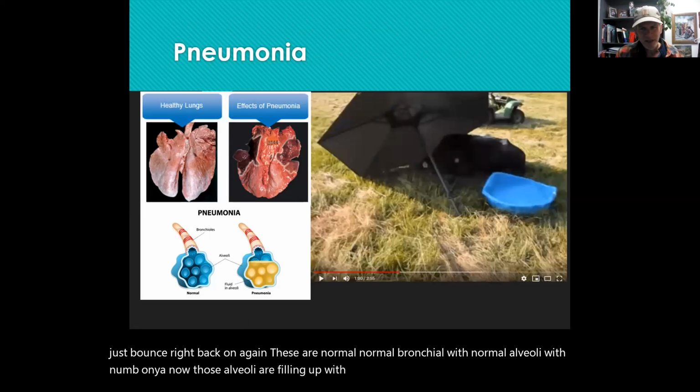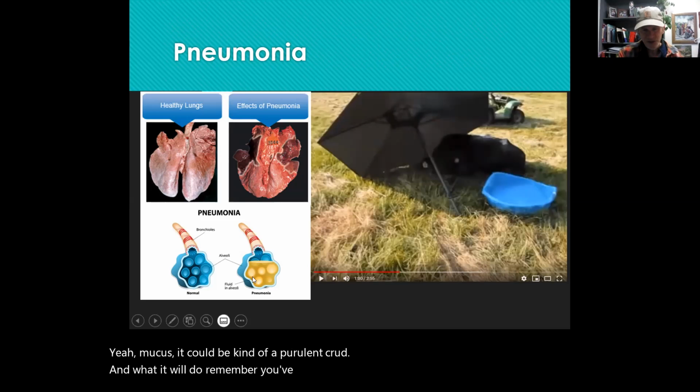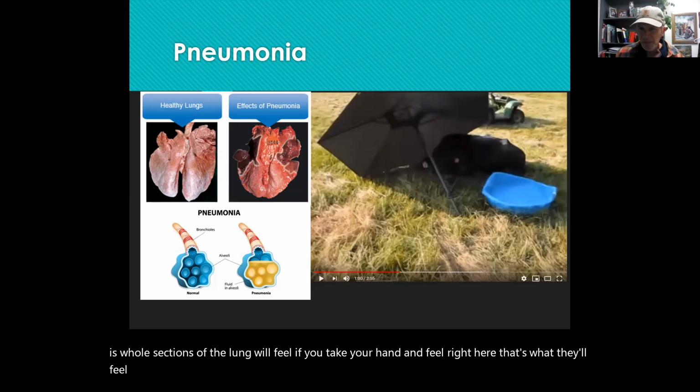It could be mucus. It could be kind of a purulent crud. And remember, you've got hundreds of millions of these alveoli. What will happen is whole sections of the lung will feel, if you take your hand and feel right here, that's what they'll feel like, firm and meaty.